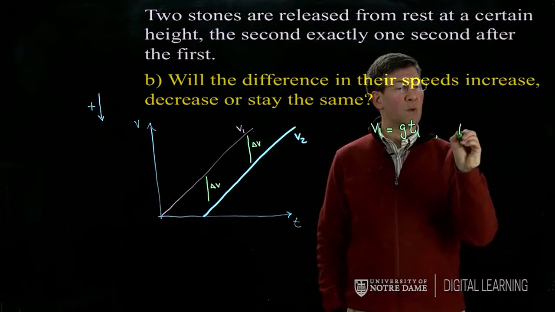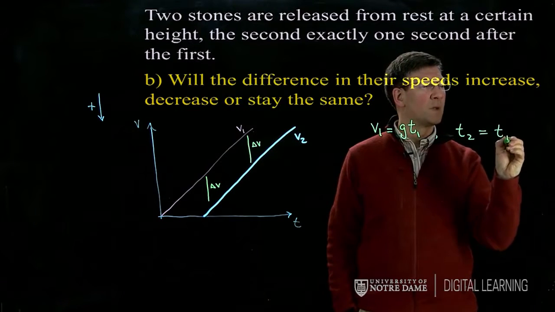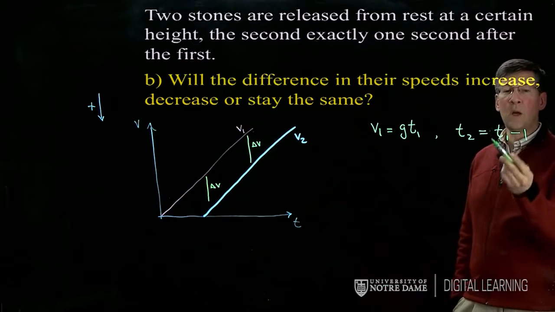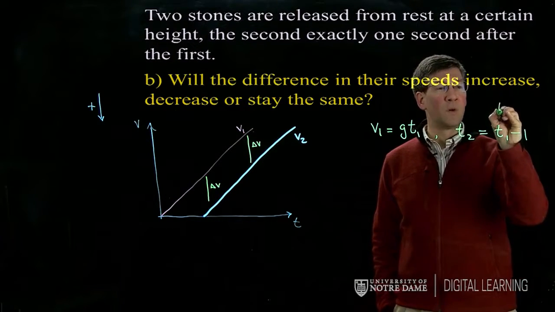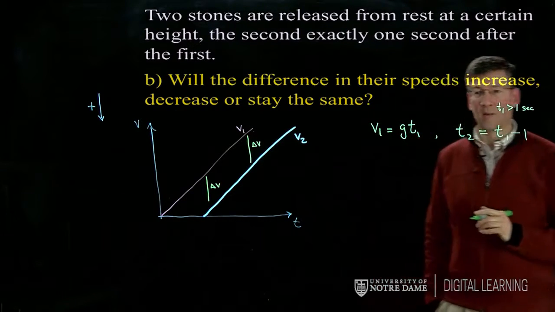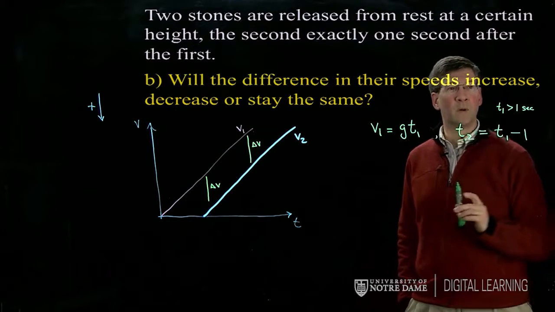We also know that we drop stone 2 1 second after stone 1 starts moving. So t2 is really t1 minus 1. Of course, this is only valid for t1 greater than 1 second because time t2 isn't negative. So once stone 2 starts moving, its time is t1 minus 1.